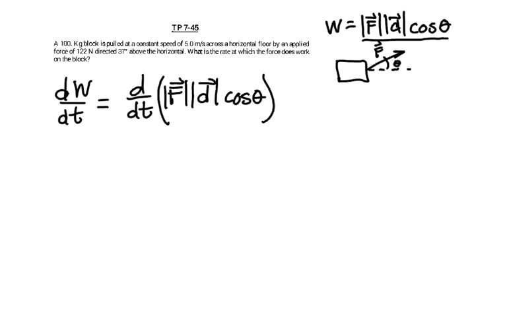Uh-oh, we've got a problem, don't we? We've got a variable here, and a variable here. So what rule do we need to use in order to continue? Yes, we need to do the product rule.